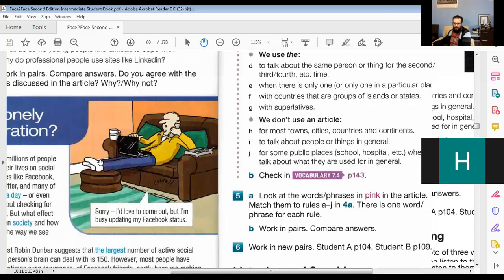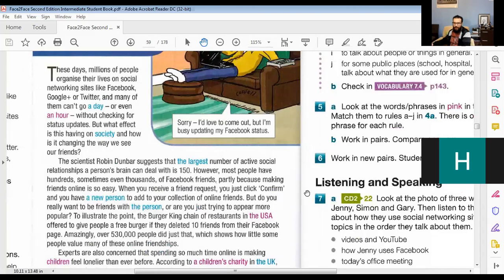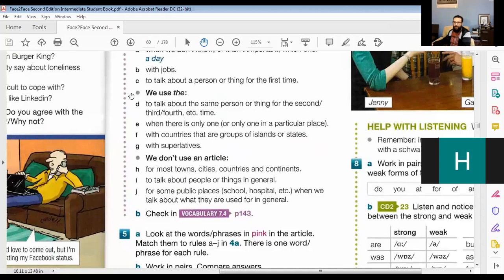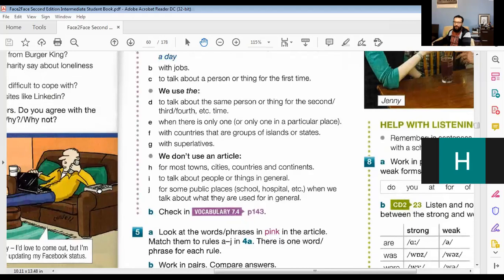So this is A. The USA, with the article the, and with countries that are groups. Exactly right. F. So this means the USA goes with rule F. What about a group of islands?